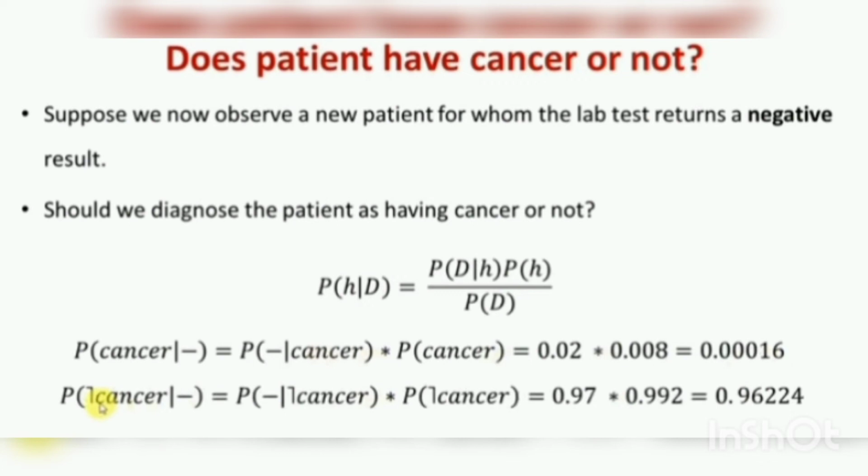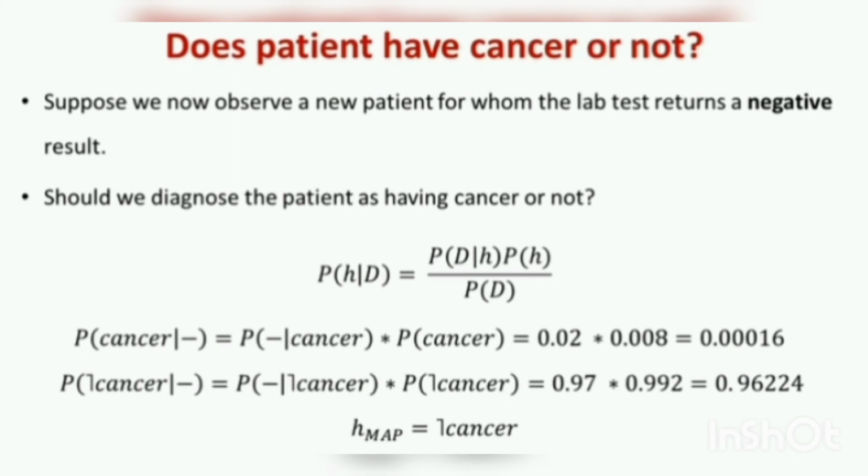So when it is multiplied, it gives 0.00016. And next, P of negative report given no cancer into P of no cancer is 0.97 into 0.992, which is equal to 0.96224. This is the best way of detecting the cancer.